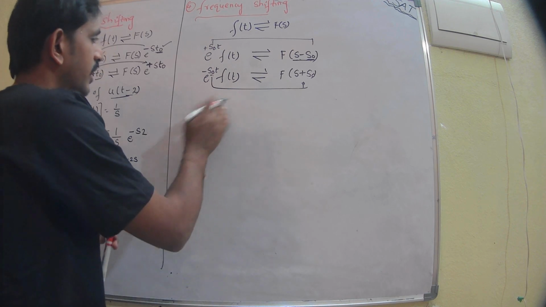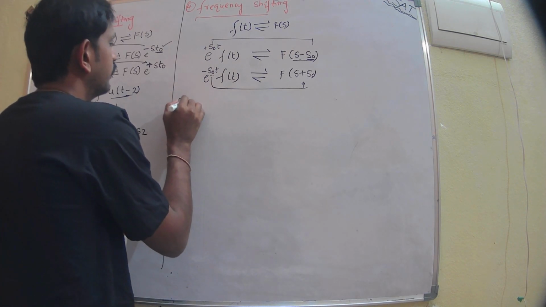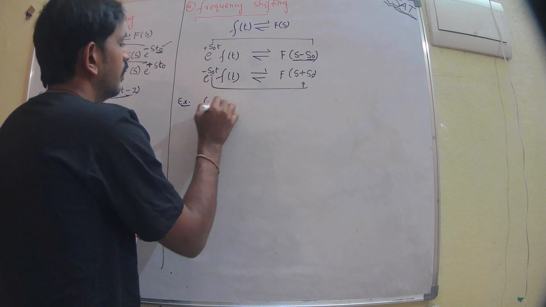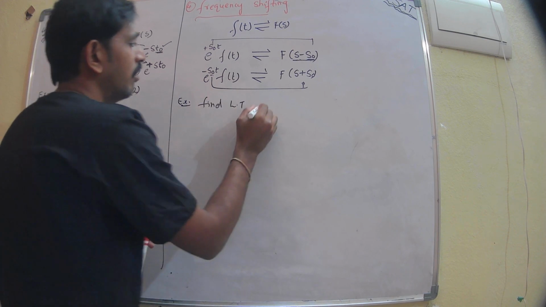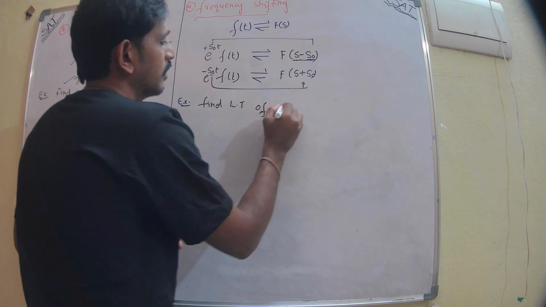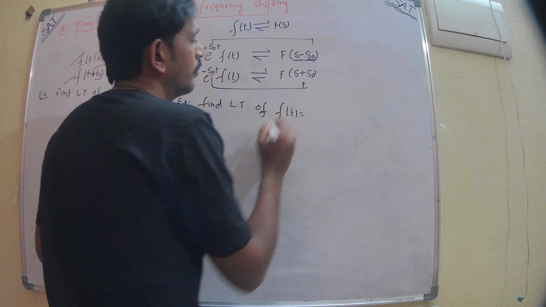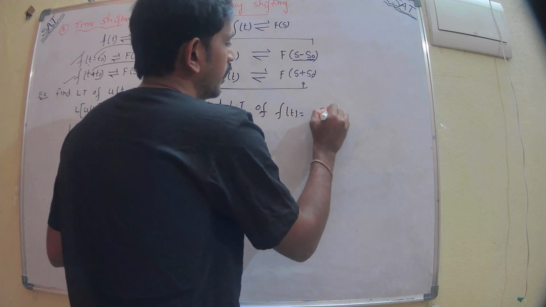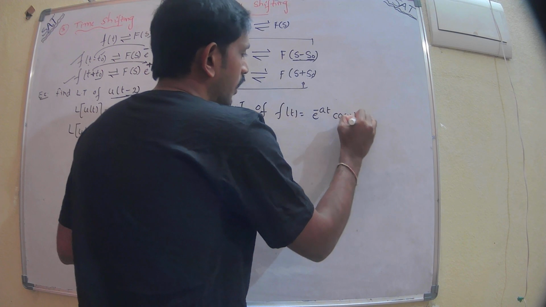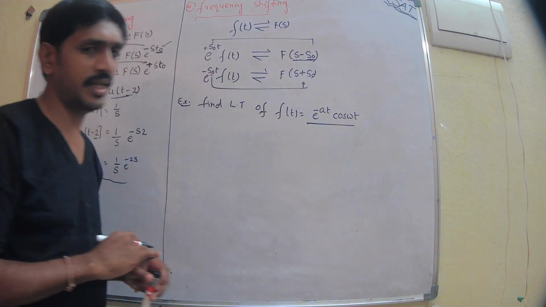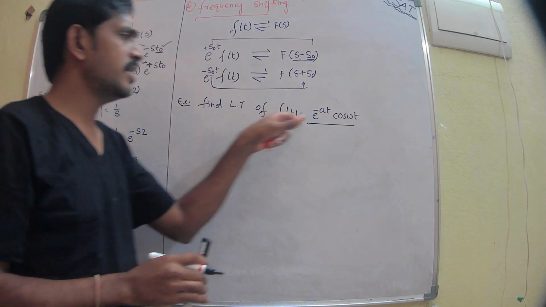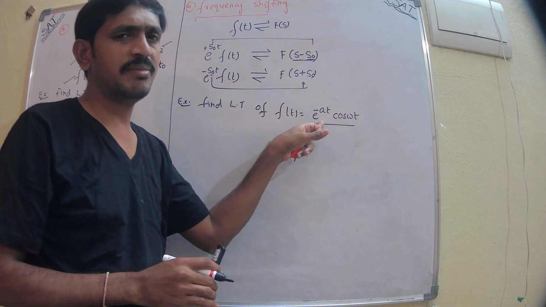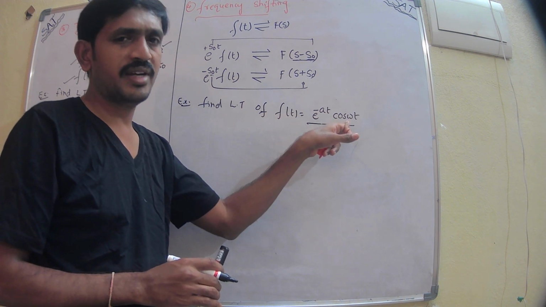Okay, so just take an example here. Find the Laplace transform of f of t is equal to e power minus at cos omega t. See here, there is an exponential function which is multiplied with the time domain function.